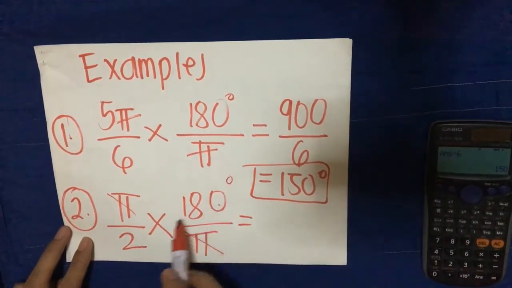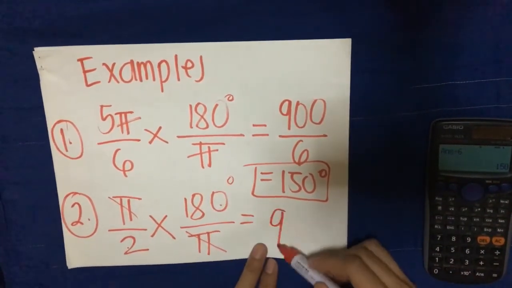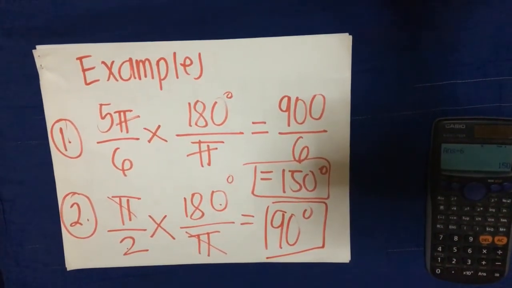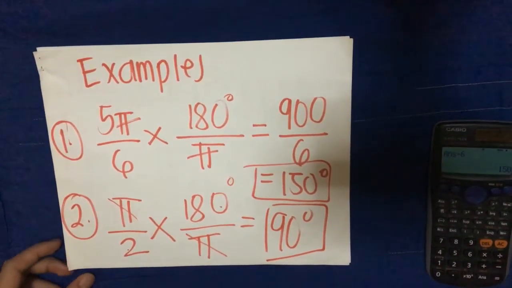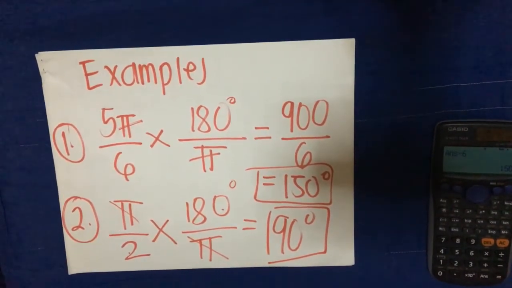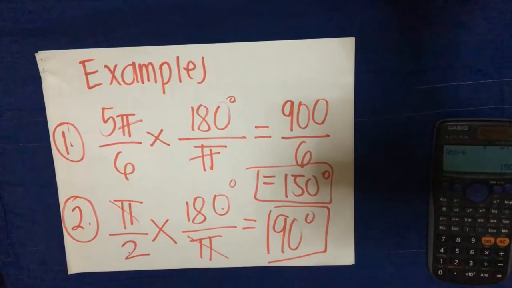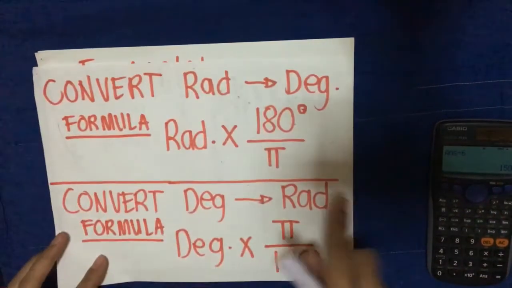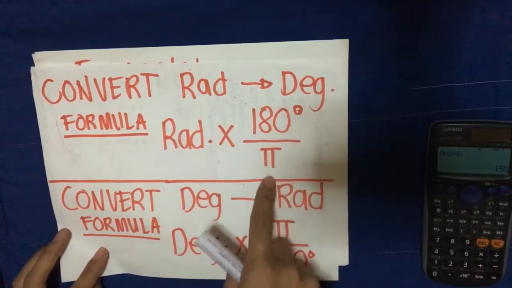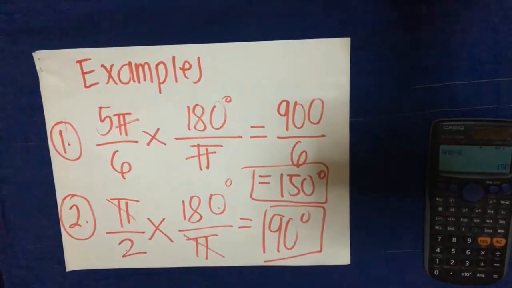That is 180 divided by 2, which is 90 degrees. Therefore, 90 degrees is equivalent to pi over 2. That's how you convert that one. Again, the formula in converting radians to degrees is to multiply the given radians by 180 over pi. That's how you solve that one.